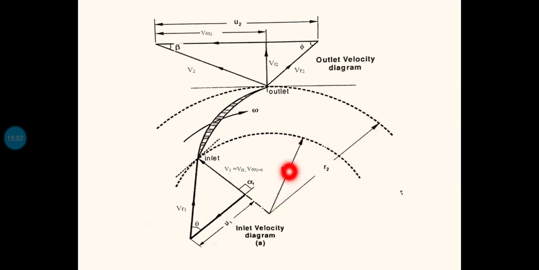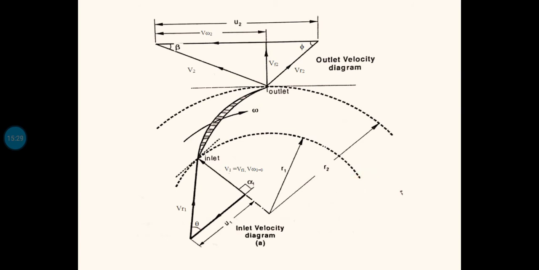The diameter corresponding to this R1 is called D1, and the diameter from the center to the tip of the blade, R2, sorry, D2, that diameter is called D2. So the minimum diameter is D1 and the higher diameter is D2. So I think the velocity triangle is very much clear for you.